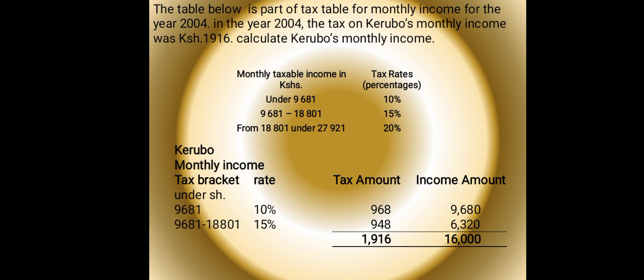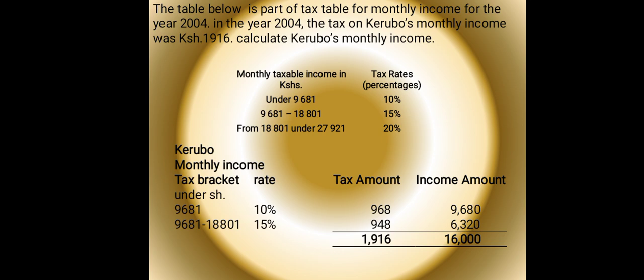we look at the first bracket. The first bracket, the tax is 968, which means the amount that has been taxed at 10% is 9,680. And then Kerubo's salary ends at the second bracket with an amount of 948 shillings.